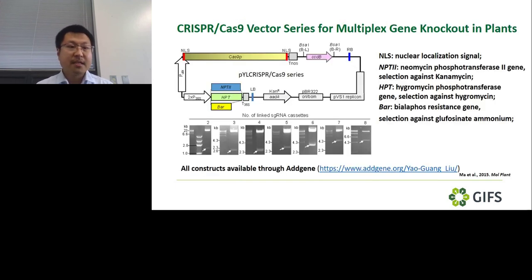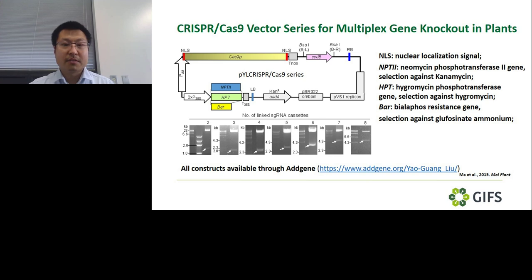After establishing the Cas9 cassette, we integrated it in the binary vector system, so you do not need to make any change on it. Regarding the selection markers, this is always a matter that people doing transformation need to take care of, because different plants might prefer different antibiotic selection methods.